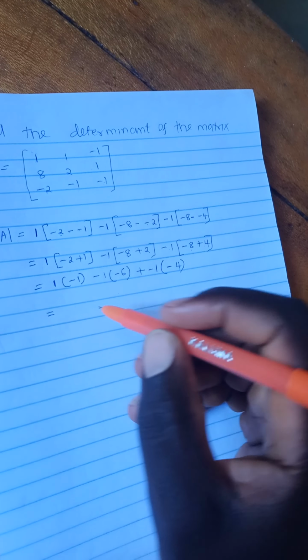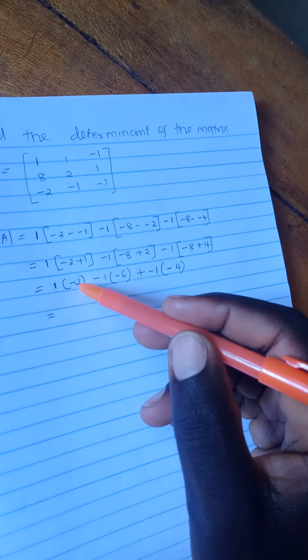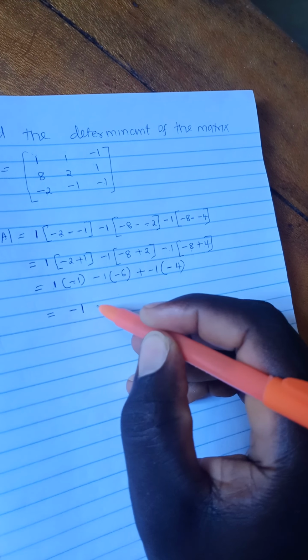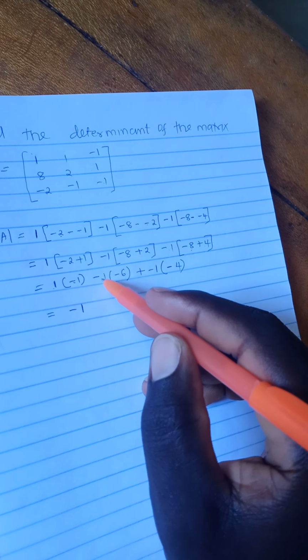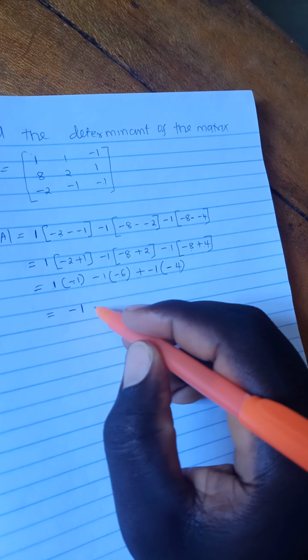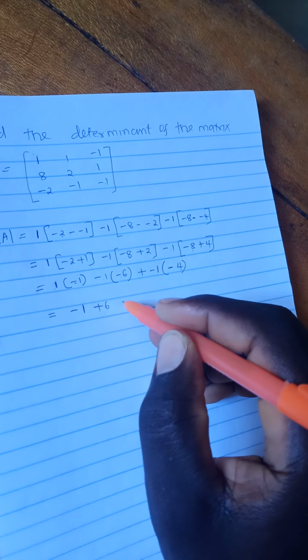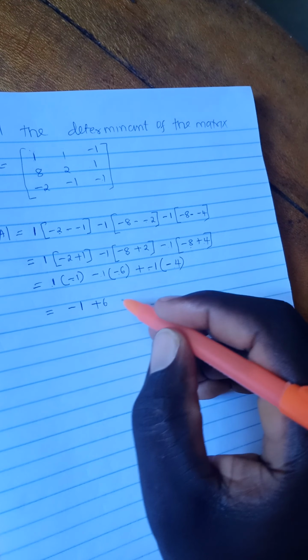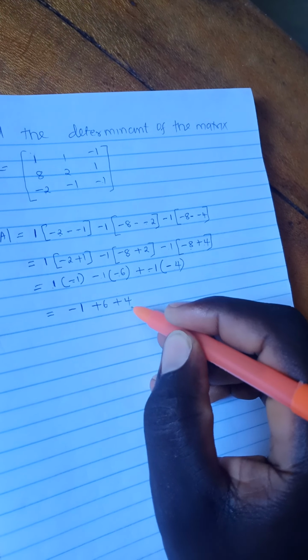So we have 1 times negative 1 will be negative 1. Then negative 1 times negative 6 will be positive 6. Then negative 1 times negative 4 will be positive 4.